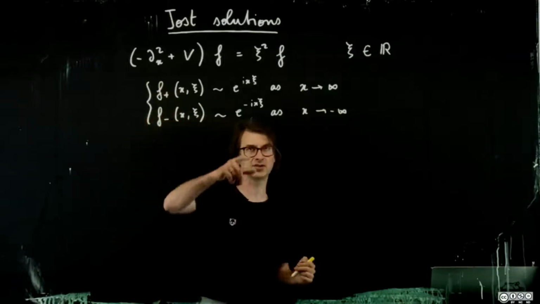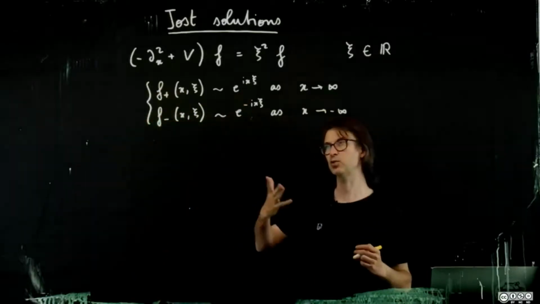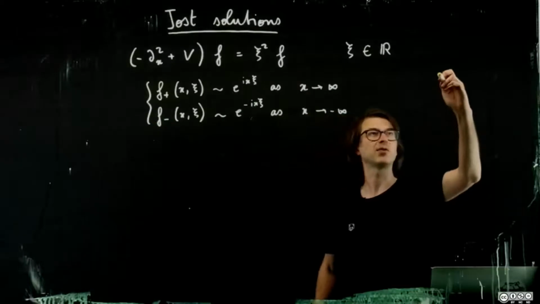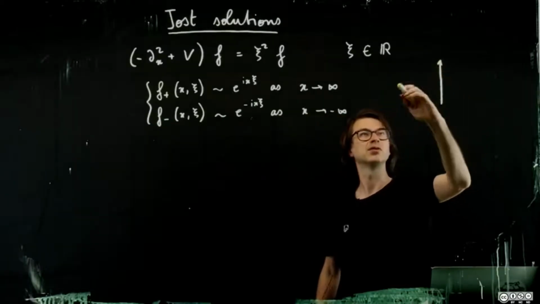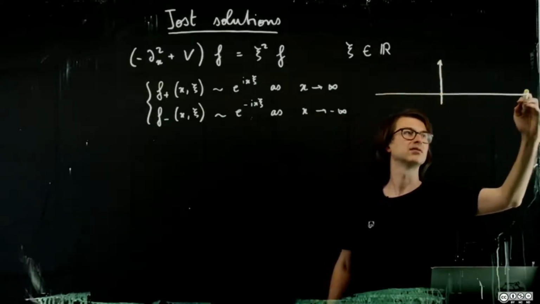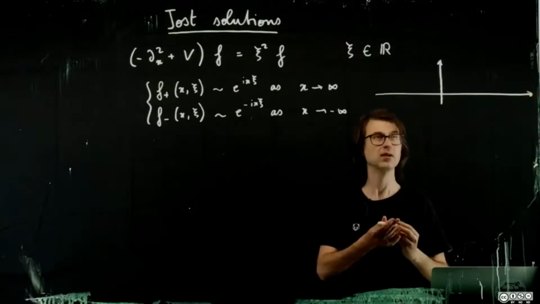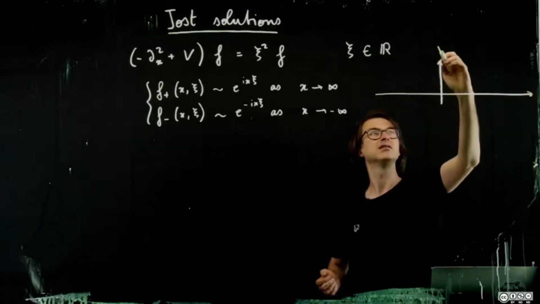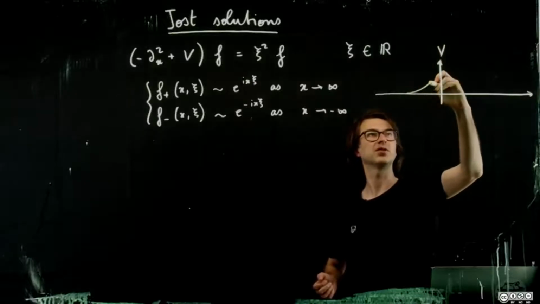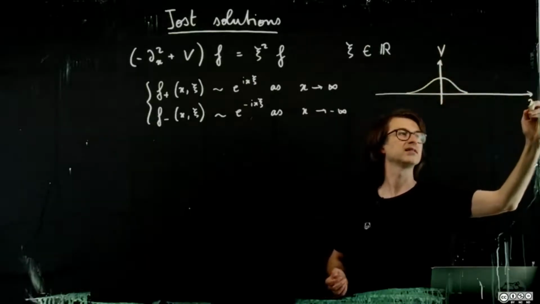So obviously that's just sign conventions, but what matters is that if I were to draw a picture, so that's V. So V is a potential, that's x.